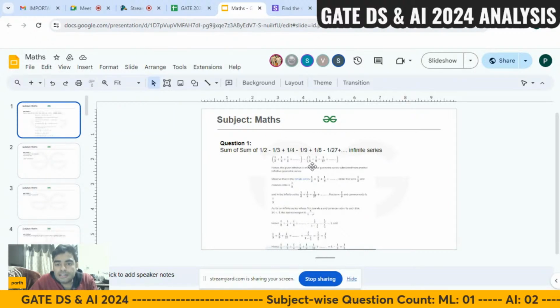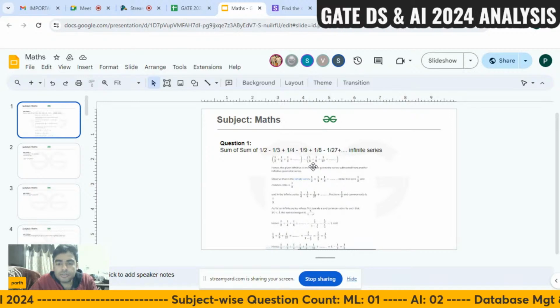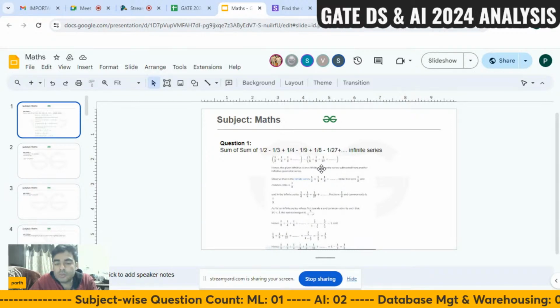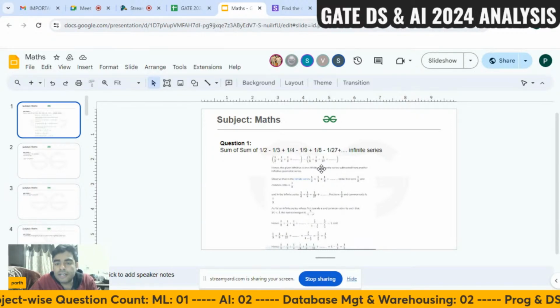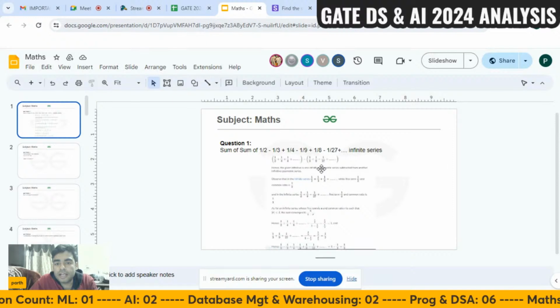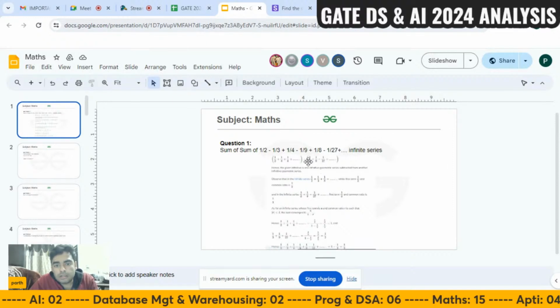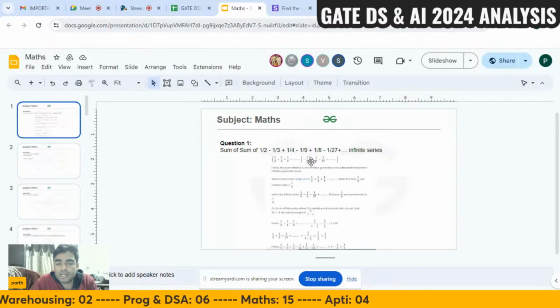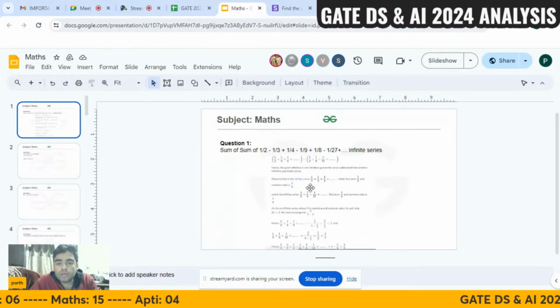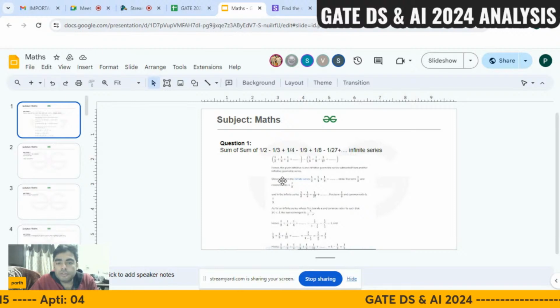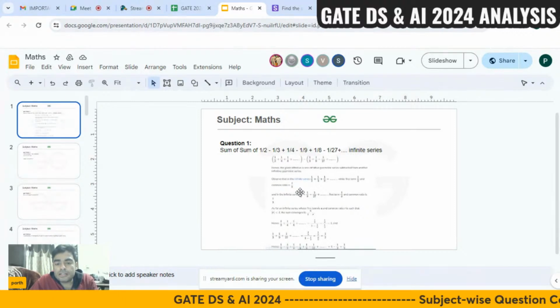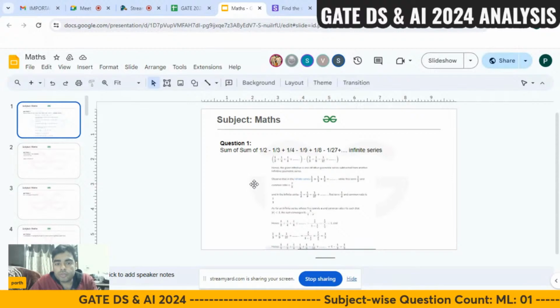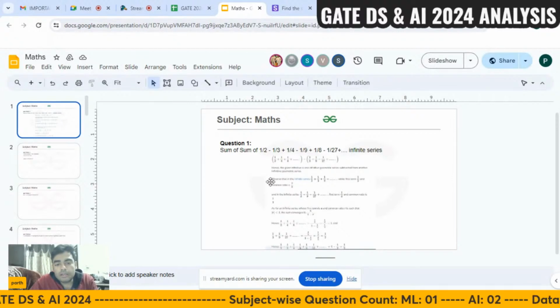In the next series, the first term is 1 by 3 and the common ratio is 1 by 3. The sum of that infinite geometric progression can also be calculated using the formula A upon 1 minus R, where R is the common ratio and A is the first term. When we subtract the second from the first, the answer would be 1 by 2. So the answer of this question we can obtain as 1 by 2.